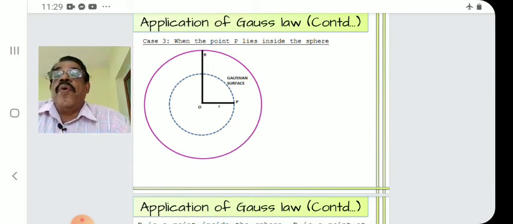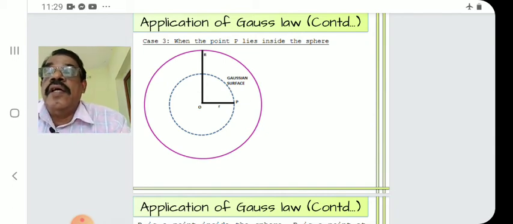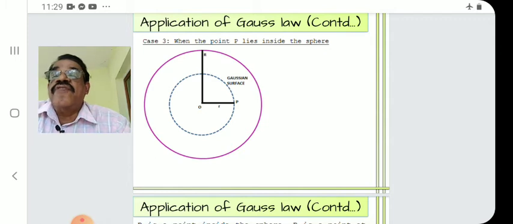Case 3, when the point P lies inside the sphere. So here the red marked sphere is the non-conducting sphere, P is inside at a distance r from the center. We mark a blue marked spherical surface, that is the Gaussian surface.